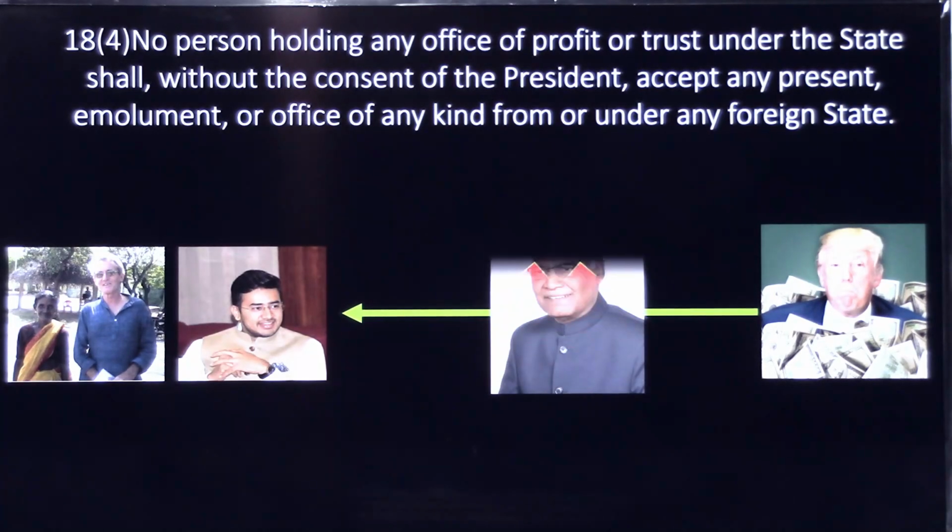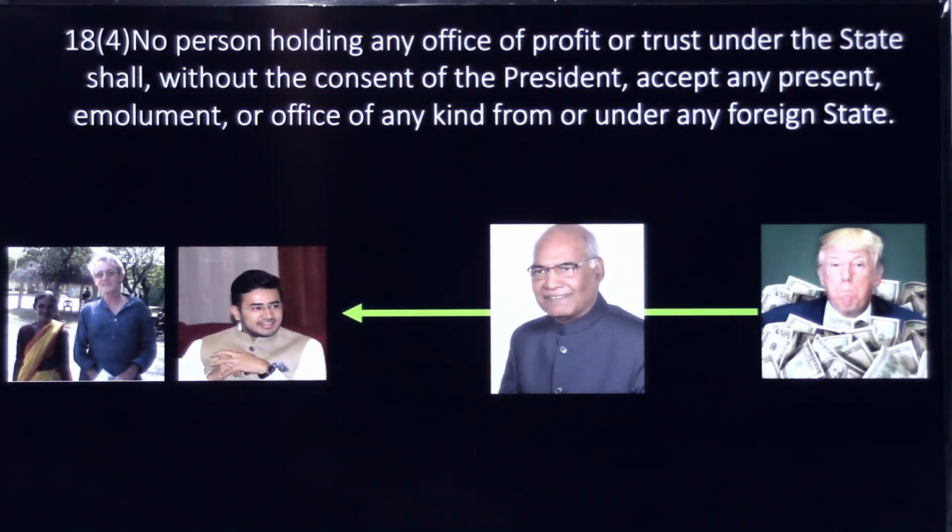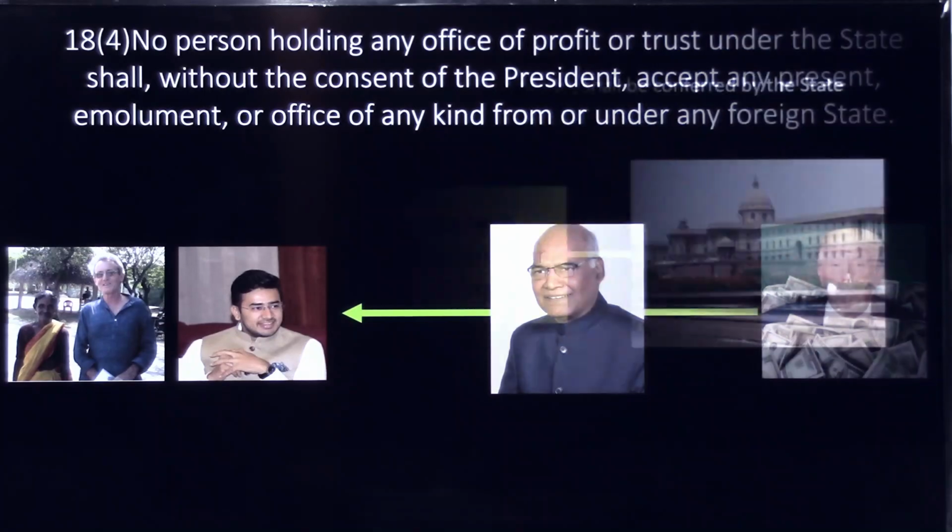But the exception is that if he could obtain the permission from the president for holding any such office or for accepting any kind of emolument or gift, he can do so. I hope you do have clarity on all four clauses that we have discussed so far.